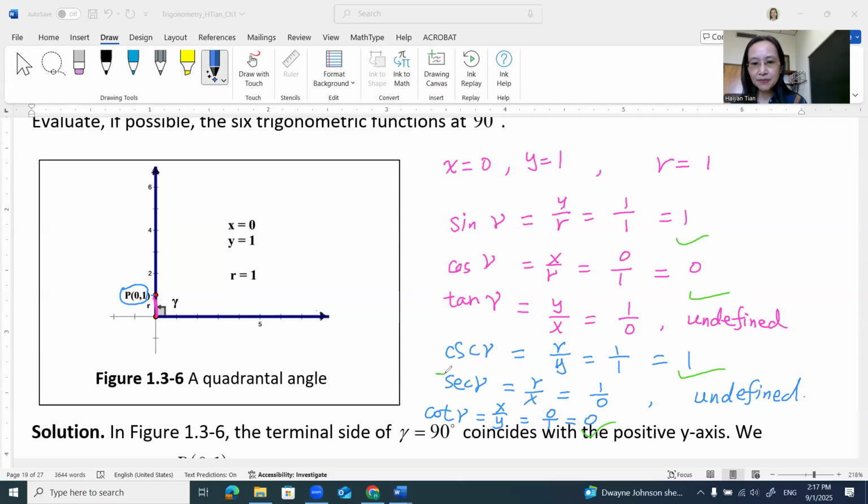But secant for the 90-degree angle and tangent for the 90-degree angle are undefined due to the 0 x-coordinate. That's the reason. So these 2 are undefined. So for quadrantal angles, it's possible that certain trigonometric functions are undefined.